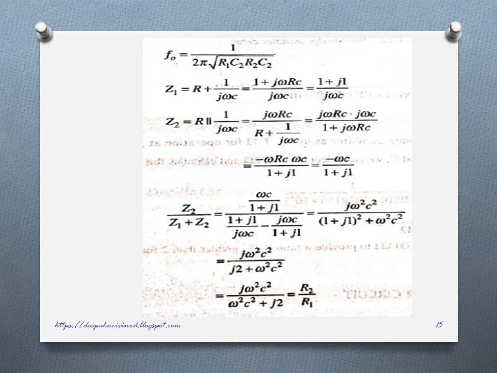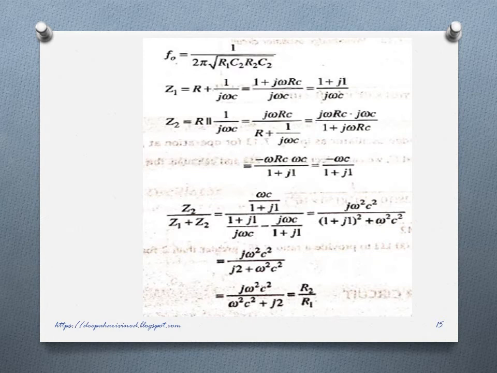So Z1 equal to R plus 1 by j omega C. Rewriting that, I can write (1 plus j omega RC) divided by j omega C. In the same way, Z2 equal to R parallel with 1 by j omega C, the impedance of Z2, that is from D to C. So that can be written as j omega RC divided by R plus 1 by j omega C. By rewriting that, I can write it as minus omega RC divided by 1 plus j omega RC.